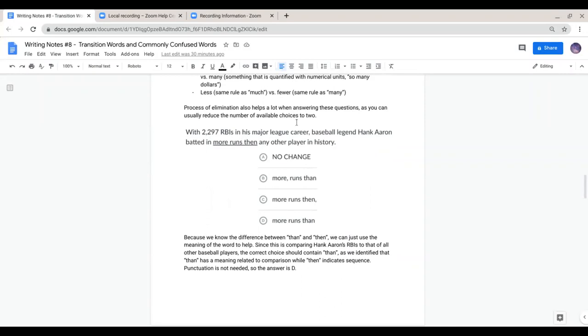So we can see here that it should be comparing, because it's comparing Hank Aaron and his 2,297 RBIs, which if you don't know is just a statistic. So it's comparing him to all other players. So it's than with an A. So we can check either B or D, and the comma in B is unnecessary. The correct answer is D.